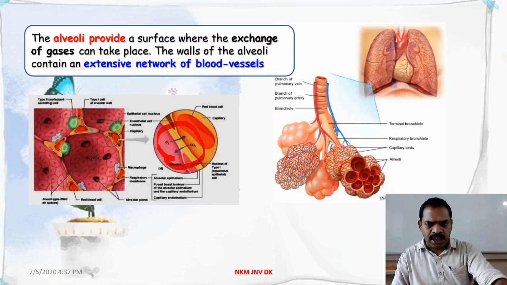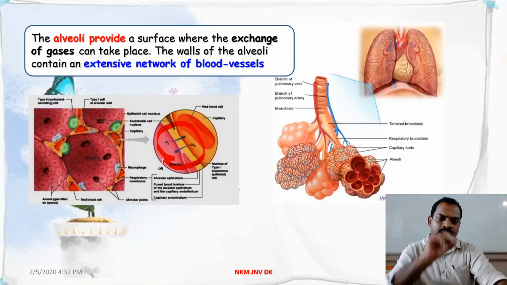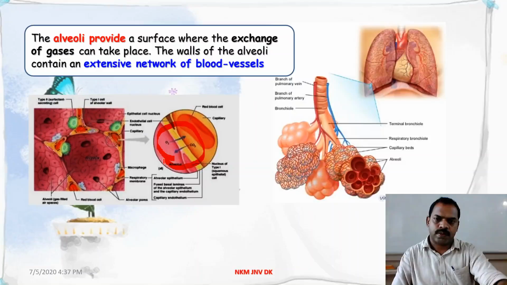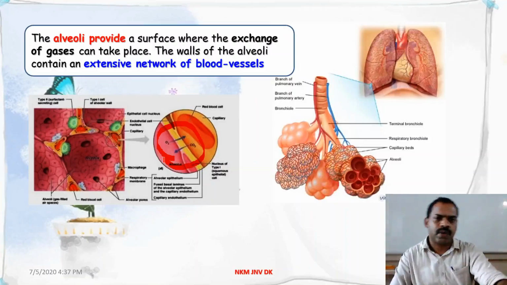The alveoli are covered with a network of blood capillaries, which bring the carbon dioxide. The alveoli have breathing air containing more oxygen, and they get exchanged. That is the use of this thin layer of alveoli.